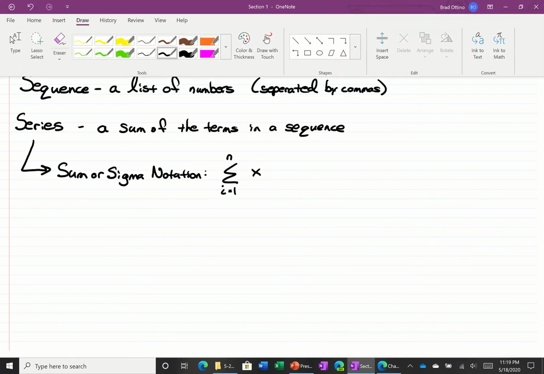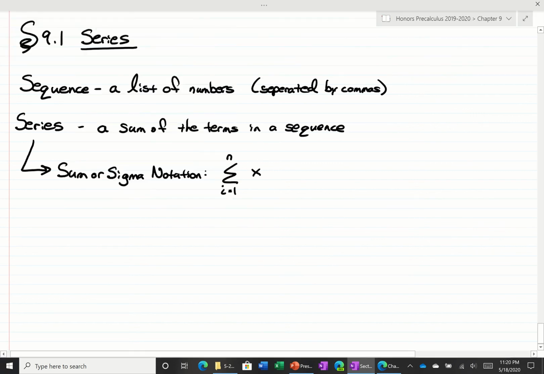So this section in the bottom tells you what you're starting at. And this number right here tells you what number you're finishing at.